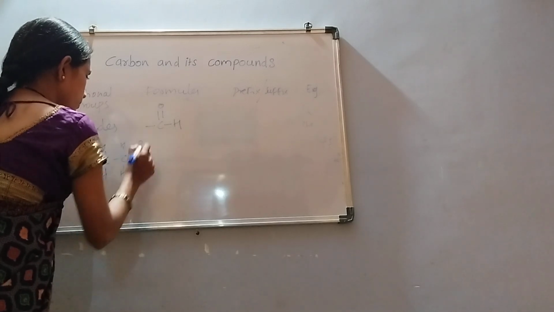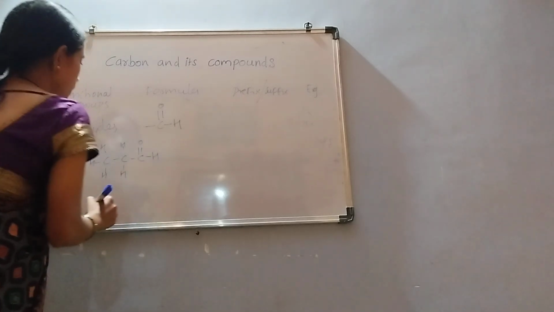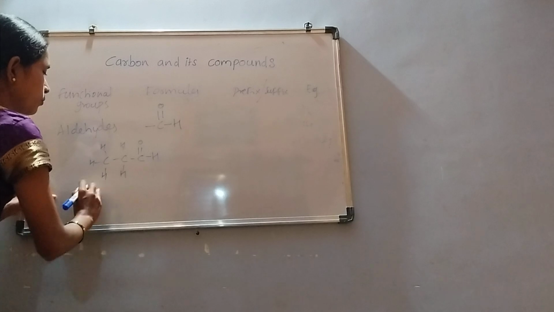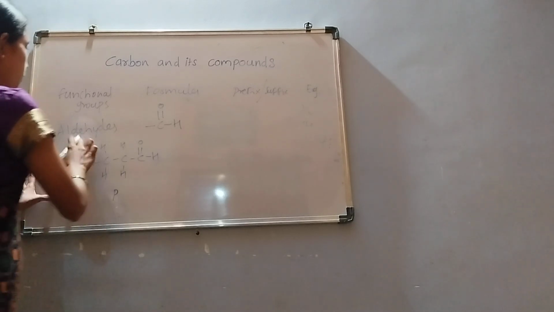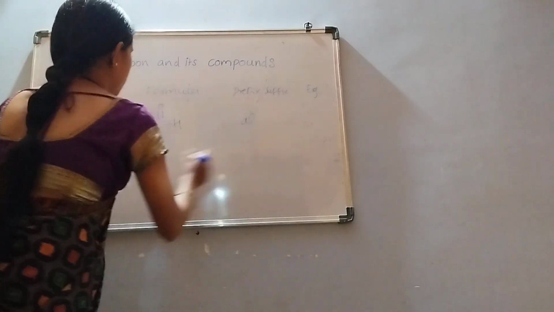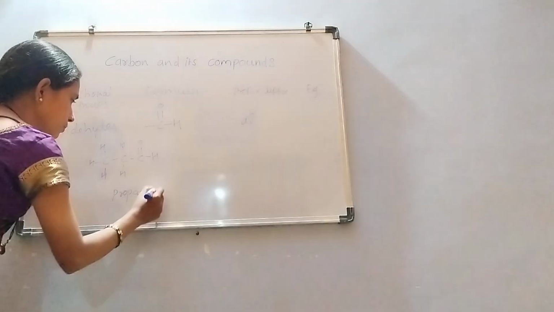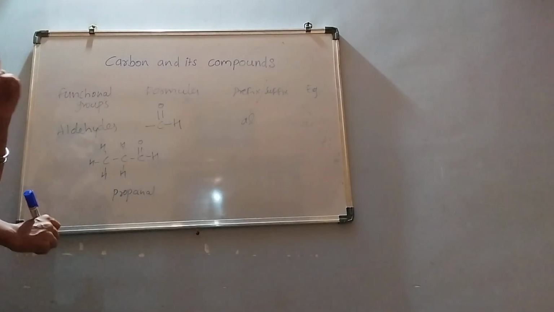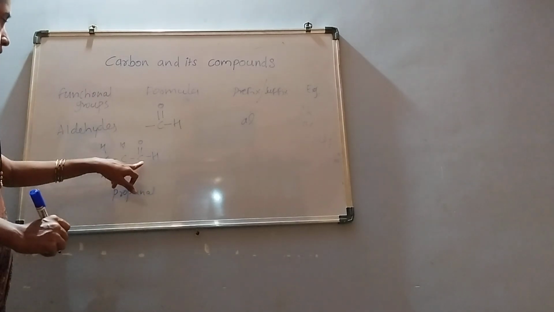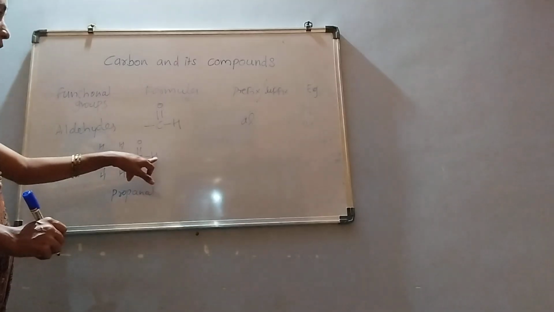Here the suffix we use in case of aldehyde is AL, so this is called propanal. In propane, one hydrogen is replaced with this aldehyde group, that is C double bond OH. So we write it as propanal.